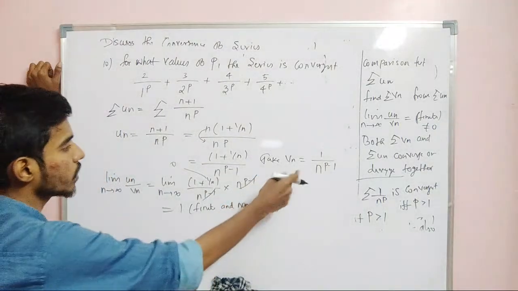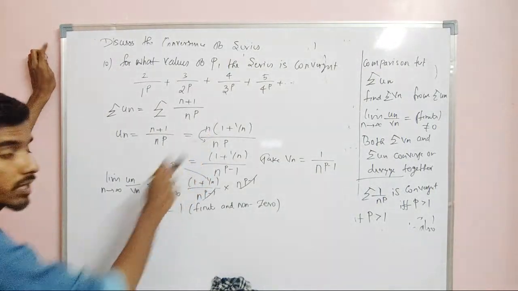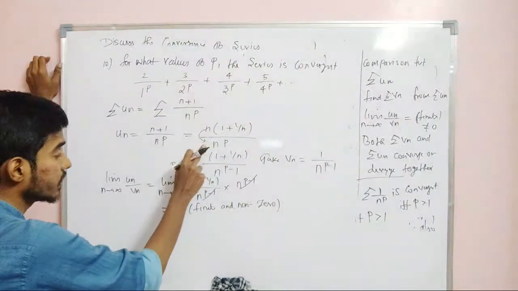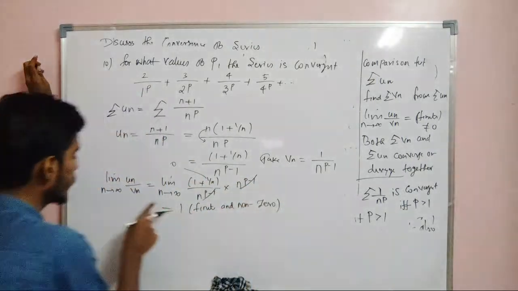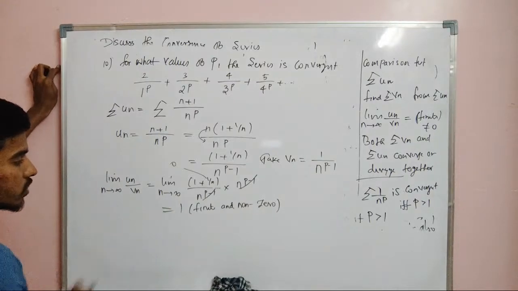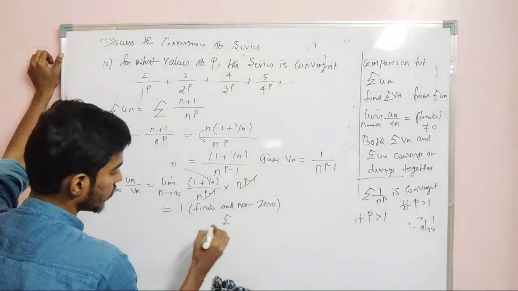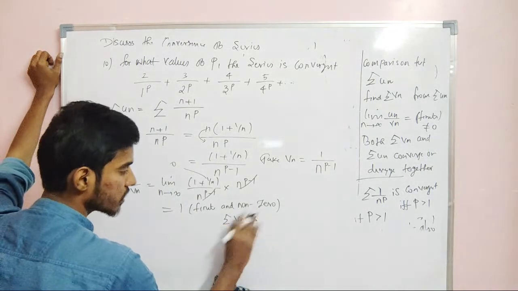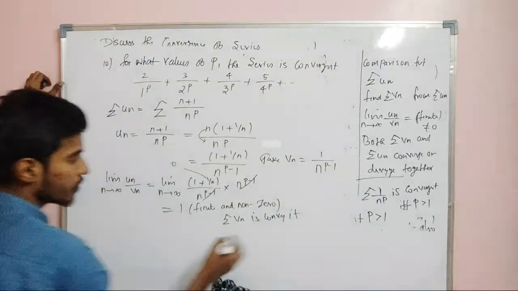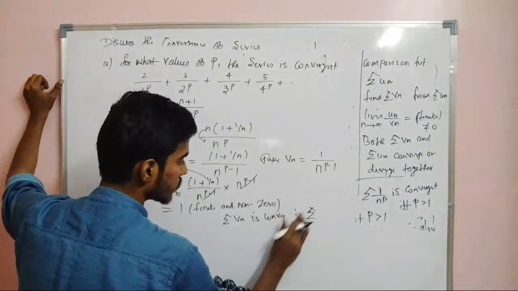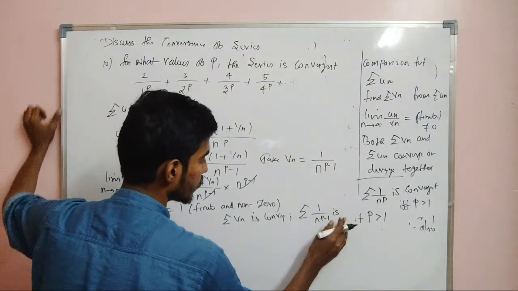I have taken n in the numerator common, so we will have 1 plus 1 by n, and I have taken n to the denominator, we have n power p minus 1. I am taking vn to be 1 by n power p minus 1, and you can see limit n tends to infinity un by vn is finite and non-zero. So therefore the series is convergent if summation vn, that is summation 1 by n power p minus 1, is convergent, right?